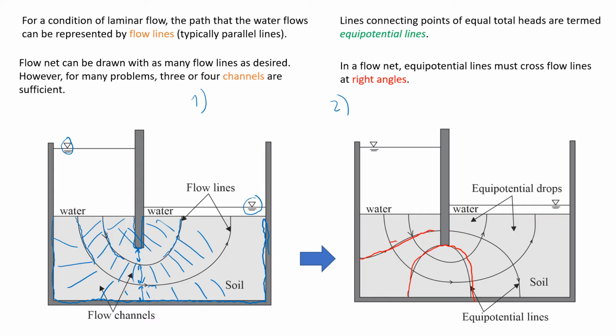In this case, this is a right angle, this is a right angle here. Remember that here also we have a flow line, and this is an equipotential line, which should be at a right angle. Before we even draw equipotential lines, we already have two equipotential lines here. They already exist for any flow net, this one and this one.